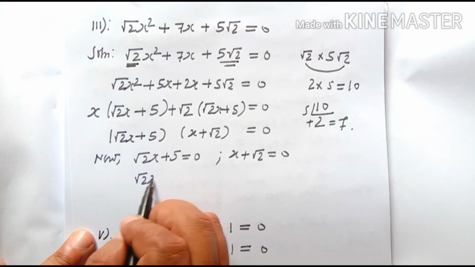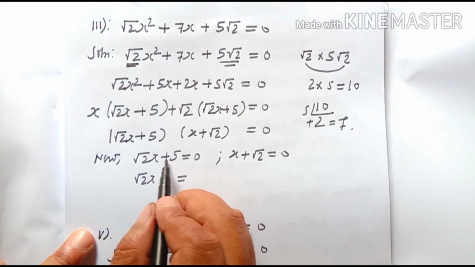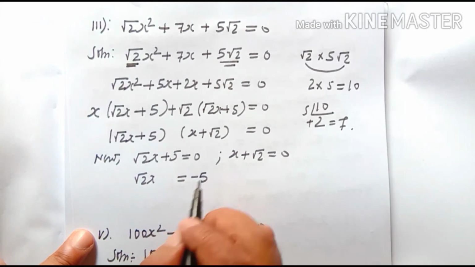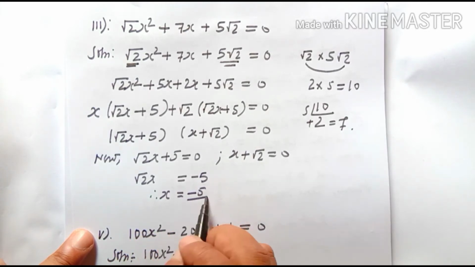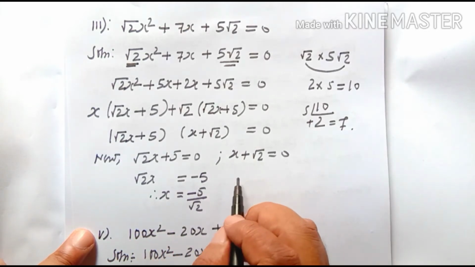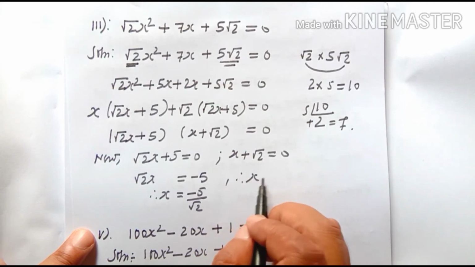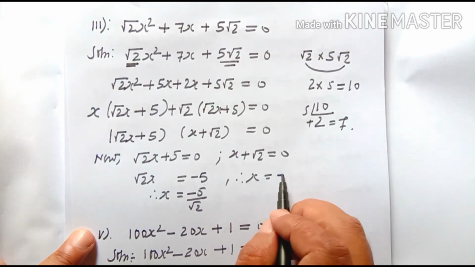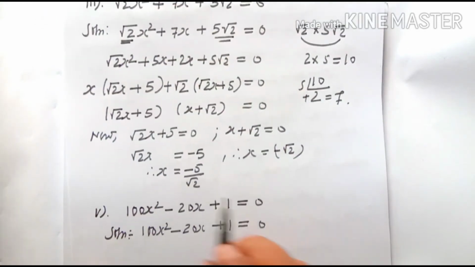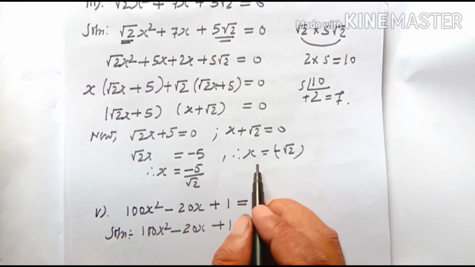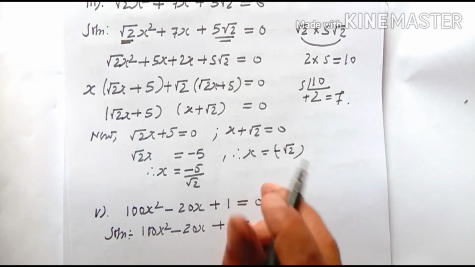So root 2 x equals plus 5 becomes minus 5. Therefore x equals minus 5 divided by root 2. Therefore x equals positive changed to negative root 2. So the roots are minus 5 by root 2 and minus root 2.